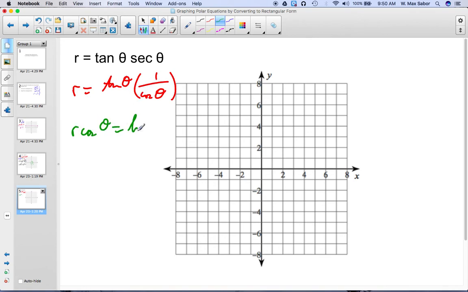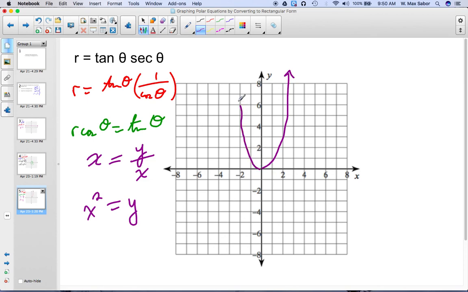That's good. And tangent. That's also good. Okay, what's r cosine? r cosine is x. Tangent is y over x. So this is the equation y equals, multiply by x on both sides, x squared. So now we have this parabola. And that is r equals tangent theta secant theta.